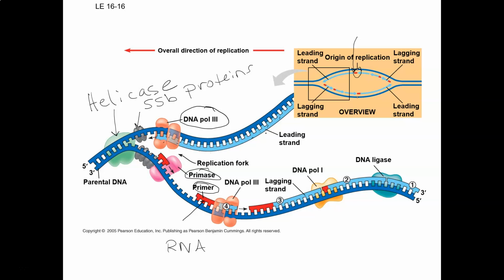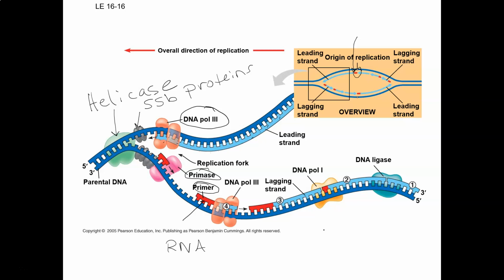The leading strand, sorry. And it's pretty straightforward. You lay down a primer with primase, and then the DNA polymerase 3 adds to that 3' end of the primer. All right, so that's the easier strand.